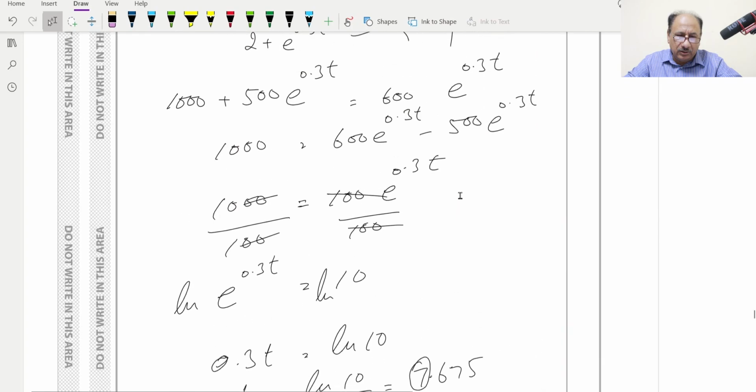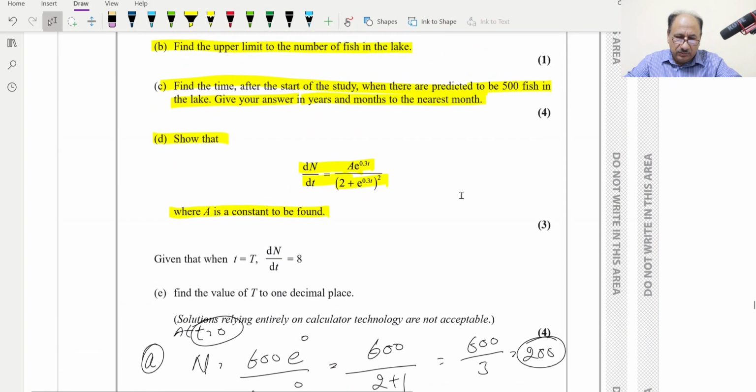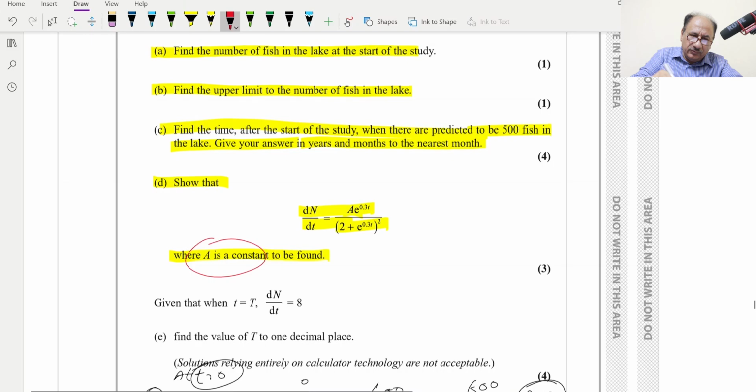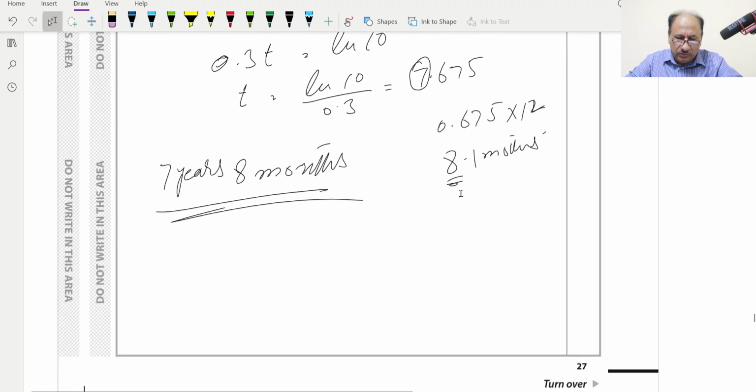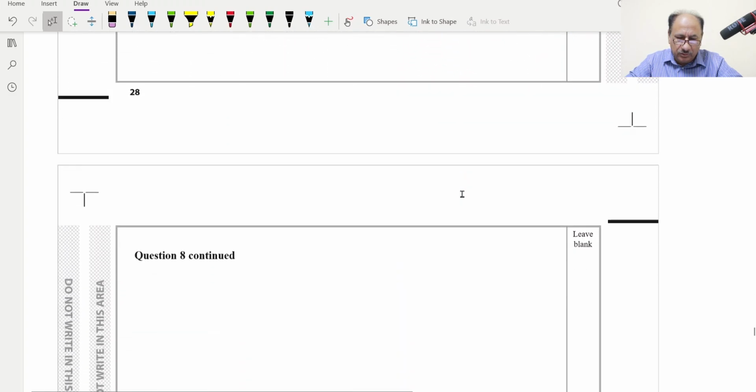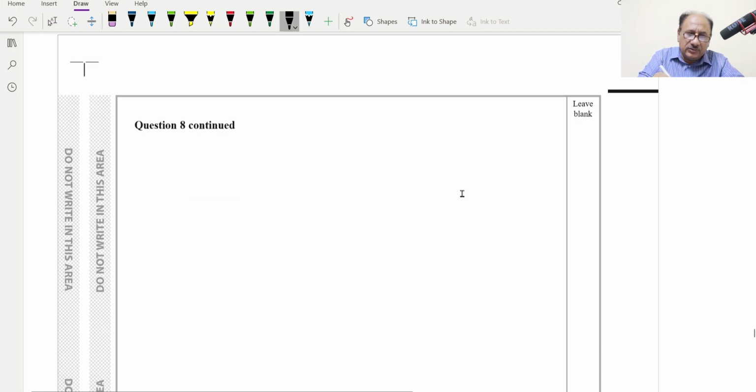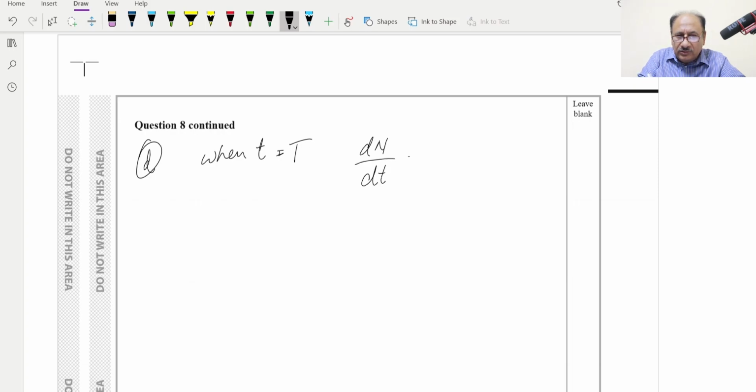Now the next part. This was the part which we found, and now, given that small t is equal to capital T, dN over dt is equal to 8, find the value of capital T to one decimal place. We will utilize the given information: when small t is equal to capital T, dN over dt is equal to 8.